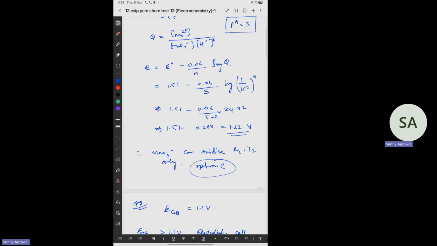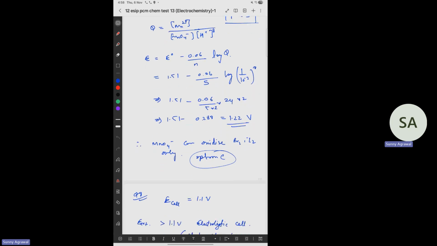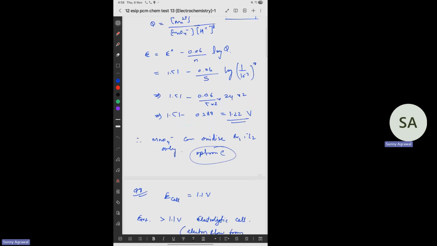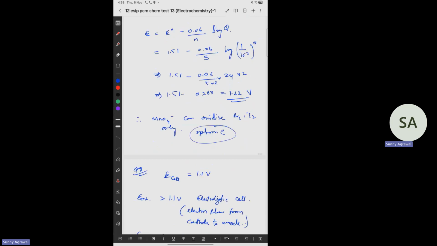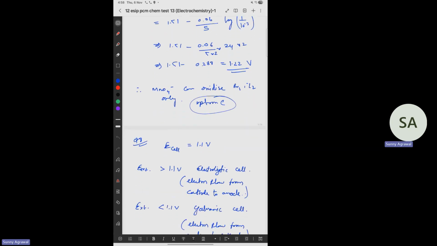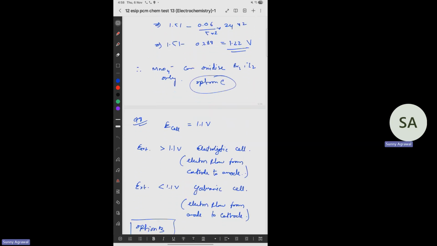After solving this, we can obtain the value of E cell, which will be equal to 1.22 volt. And from the E values of other components, like the halogens chlorine, bromine, iodine, we can confirm that MnO4 minus will only oxidize Br2 and I2 to Br minus and I minus.